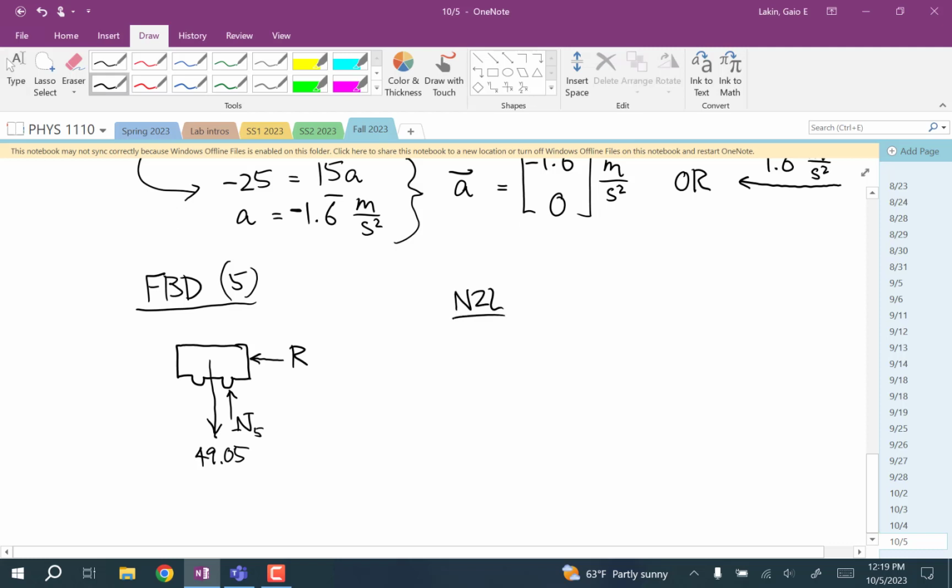And so now Newton's second law says 0, negative 49.05 plus 0, N5, plus this R force is in the negative x direction, so negative R, 0.